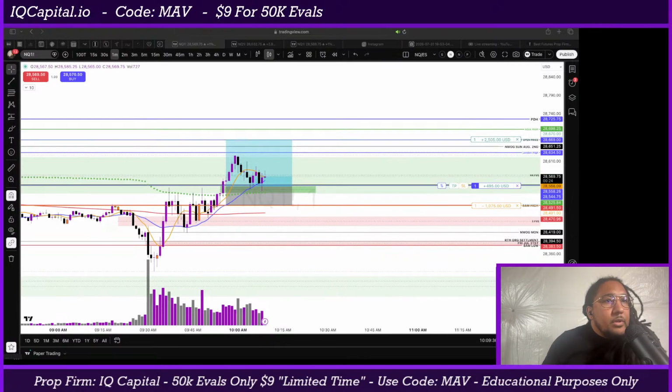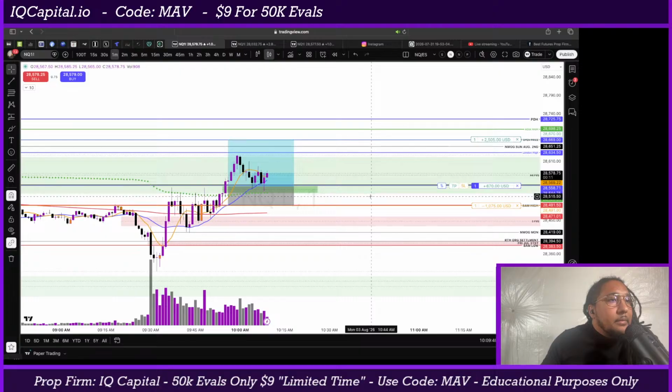Yeah, price action is really slow right now on the 1 minute. It looks like it is climbing. Definitely like to see a little bit more speed and aggression to the upside.